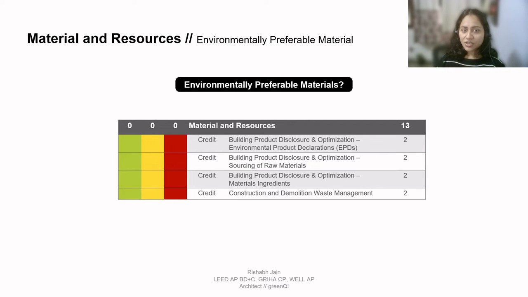Under that we have EPDs, then sourcing of raw materials, and then material ingredients. Each credit has two points, and in this video we'll only be covering the EPD section, and we'll talk about the rest of the environment friendly materials in part 2 of this video.